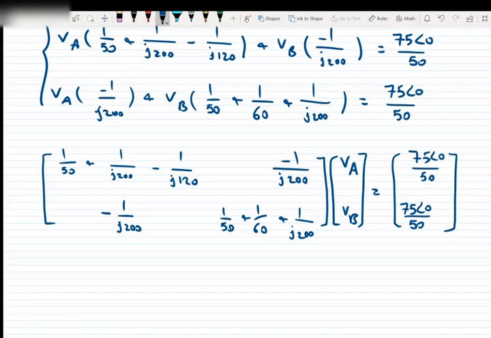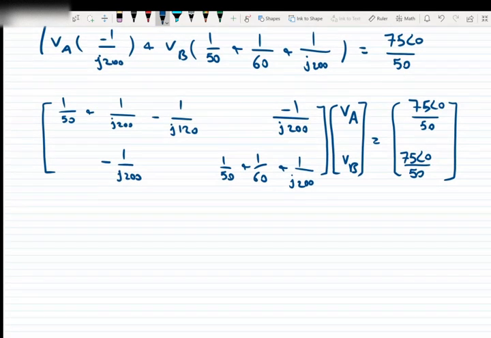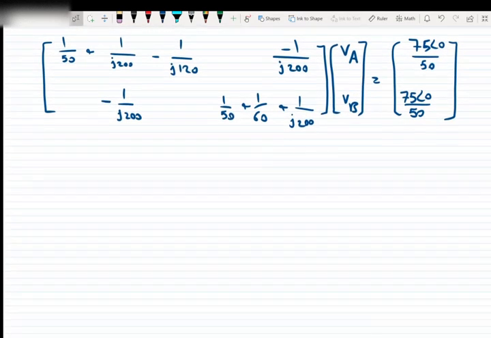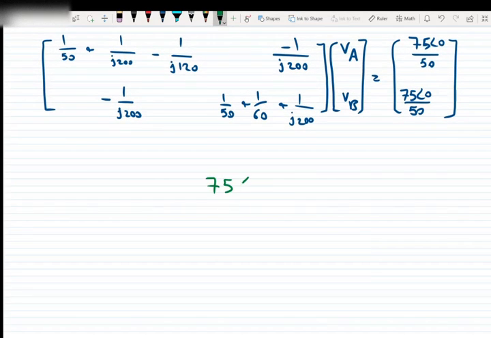Of course, 75 over 50 is 3 over 2 with the angle of 0, which is 1.5.